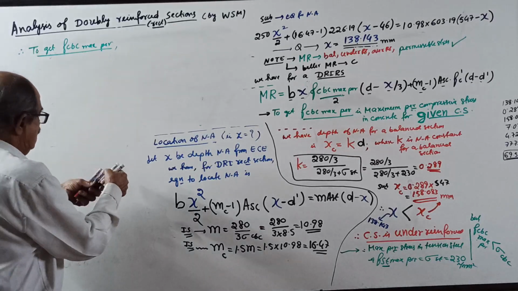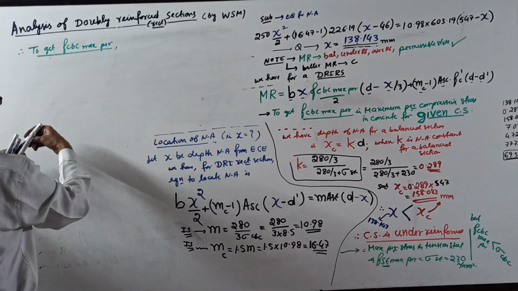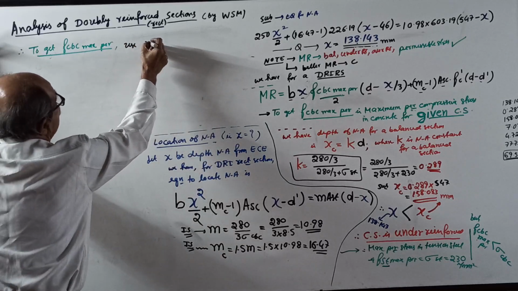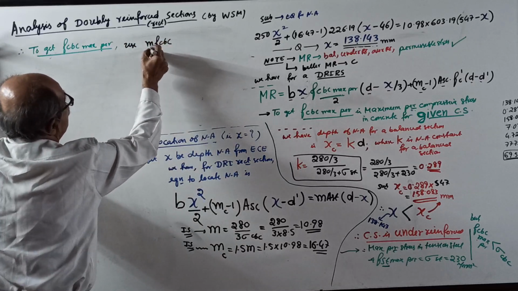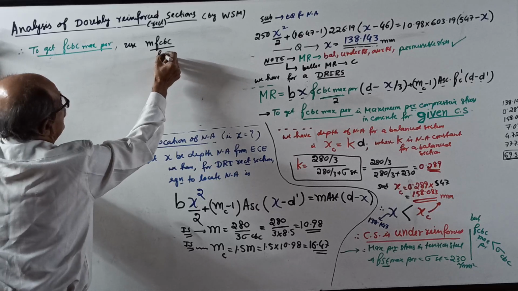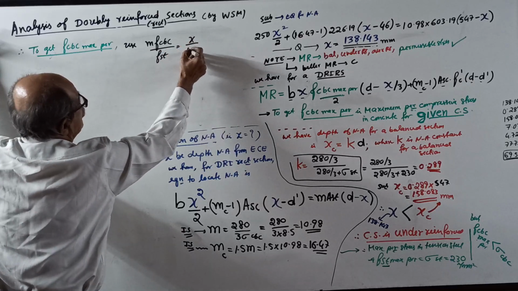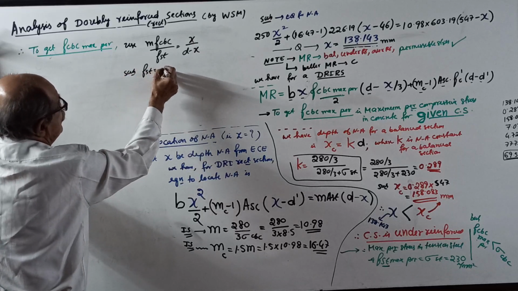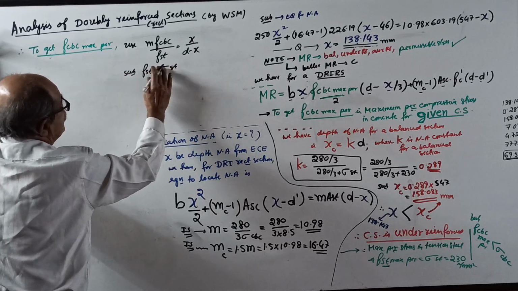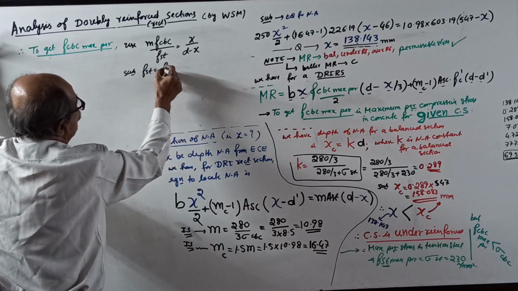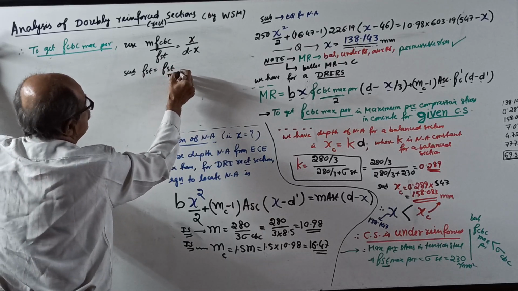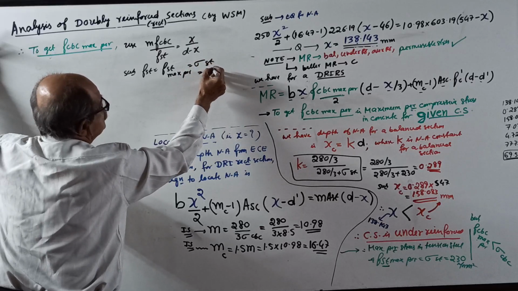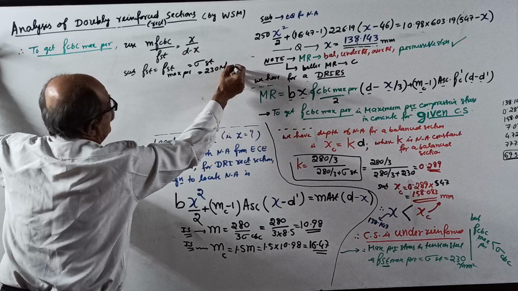So to get FCBC max permissible, use the relation m FCBC divided by FST equal to X divided by D minus X. Substitute FST equal to FST max permissible, that is equal to sigma ST, equal to, in this question, 230 Newton per mm square.